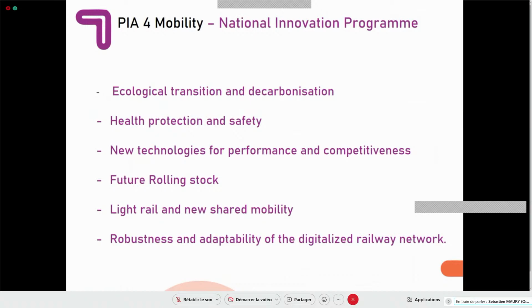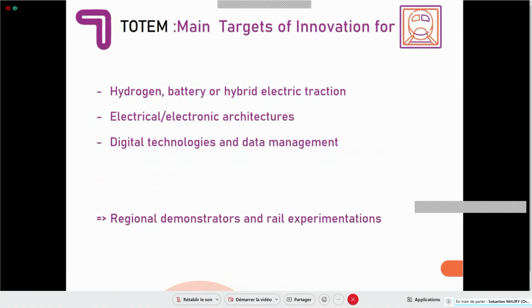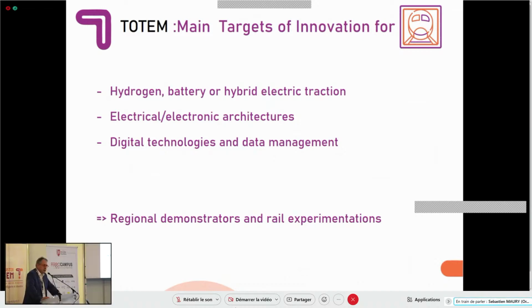For this innovation, the main targets for Totem are in compliance with the main national plan, with hydrogen, battery, and hybrid or electric traction, because we have an excellent center of Alstom who works on this subject in Tarbes, in this region, but also a lot of small subsidiary companies and so on.